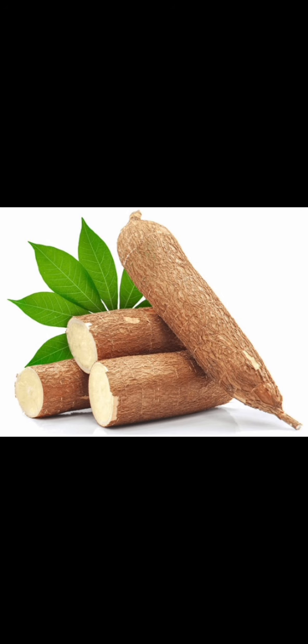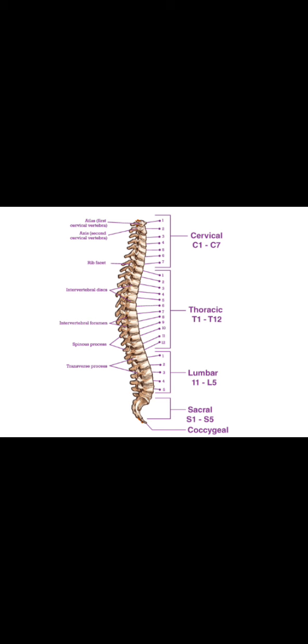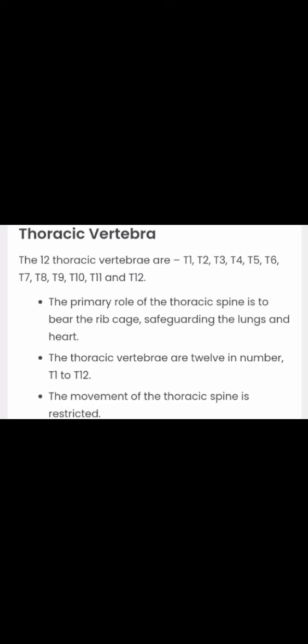Now we move to specimen L, thoracic vertebrae, and we also consider it with specimen Q, lumbar vertebrae. Now, the thoracic vertebrae are bones located between the cervical and the lumbar vertebrae. There are 12 thoracic vertebrae in humans, and these bones increase in size as you go down the body.